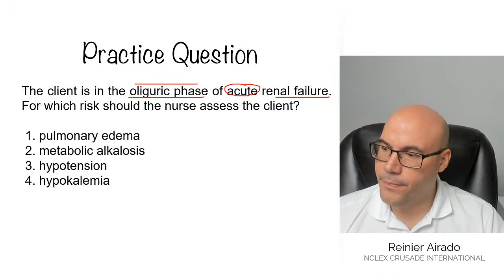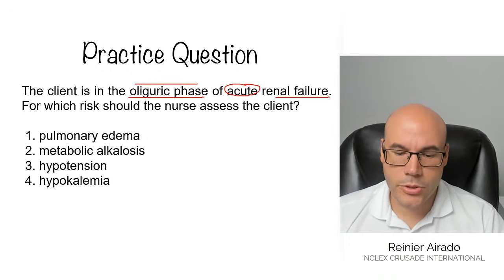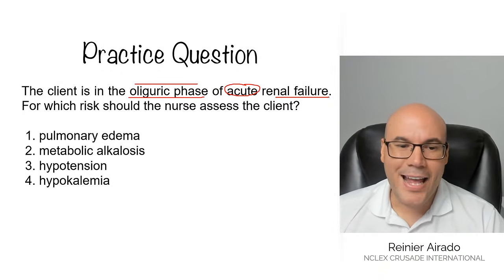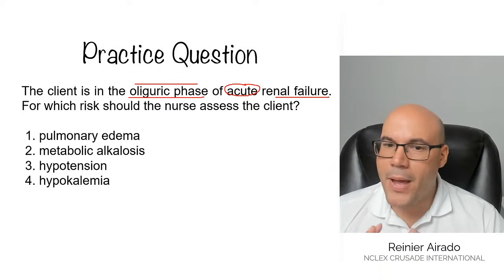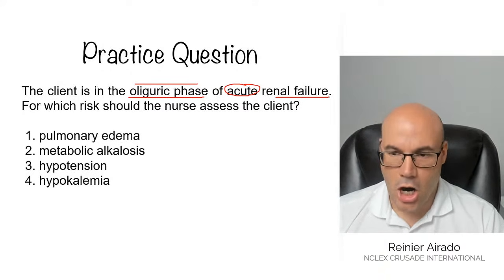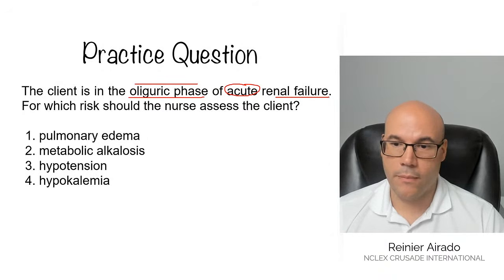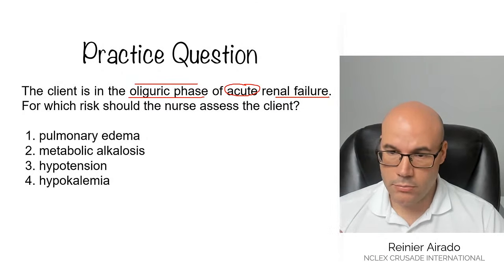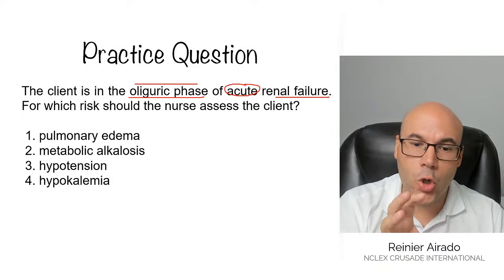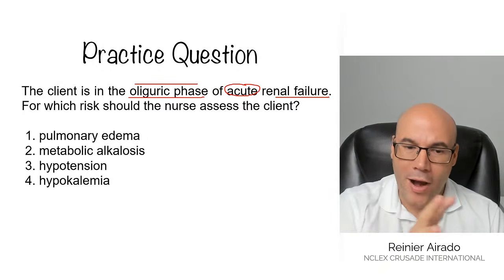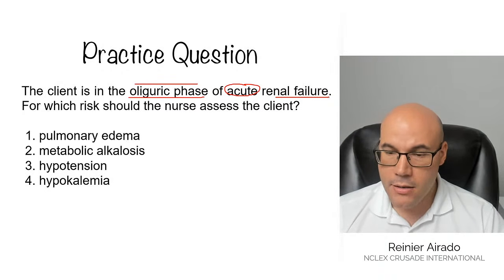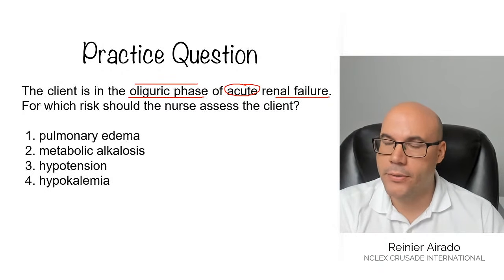For example, answer number 2 states metabolic alkalosis. So think about this. If the patient's kidneys are not working very well, the patient is unable to remove or excrete hydrogen ions in the urinary output.